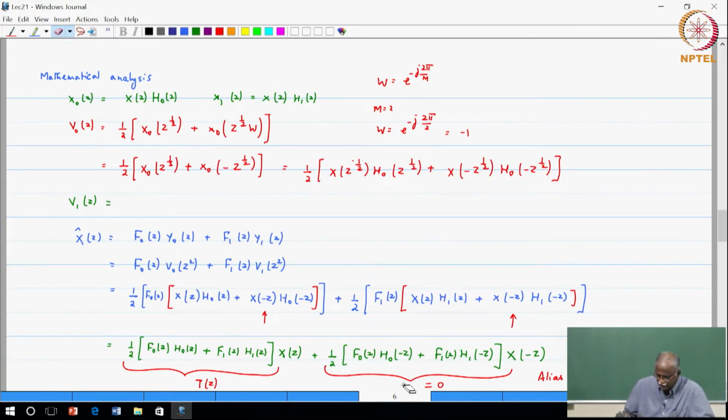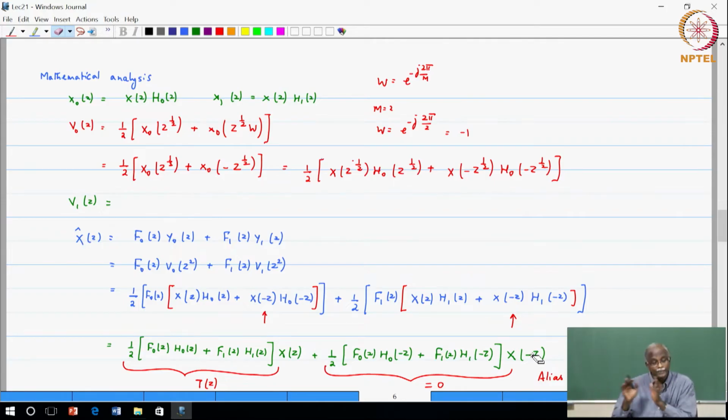We went through a few simple steps of downsampling, upsampling and filtering, and we said that the input-output relationship is given in terms of a transfer function T of z times X of z, that is the input signal, and a second term which depends on X of minus z, that is a frequency shifted version of X. That is where the aliasing terms come in.